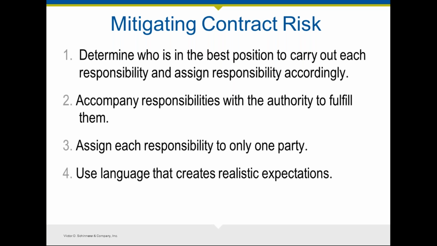So to mitigate contract risk, you need to be able to determine who's in the best position to carry out each responsibility and assign that responsibility accordingly. Construction contracts are complex. There are multiple entities involved. In a design-bid-build environment, there's you, the design firm, and the owner, and you have a professional services agreement.